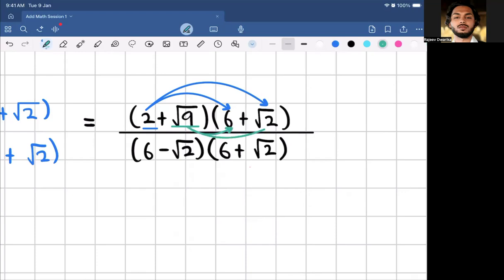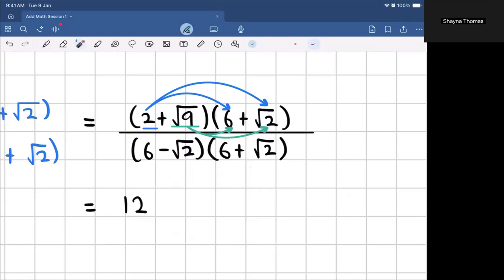So let's do that. Shayna, what is 2 by 6? 12. So you continue. So we do 2 by 6. What next? 2 by the root 2, which is just squaring it.